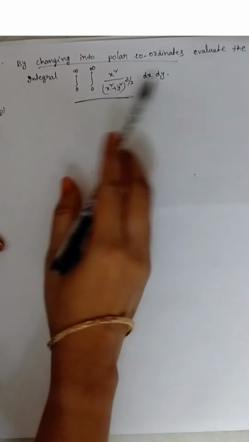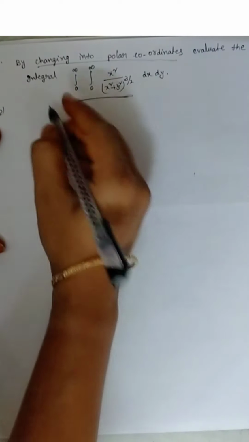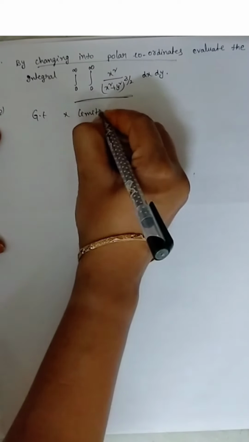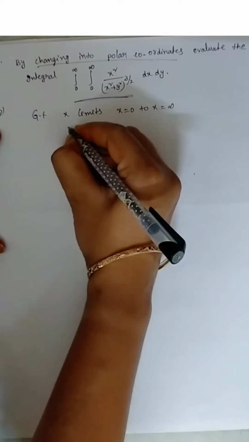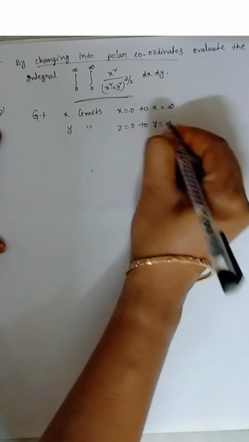So by changing into polar coordinates, given that x limits are 0 to infinity, y limits are 0 to infinity. Given that x limits x equals 0 to x equals infinity and y limits are y equals 0 to y equals infinity.